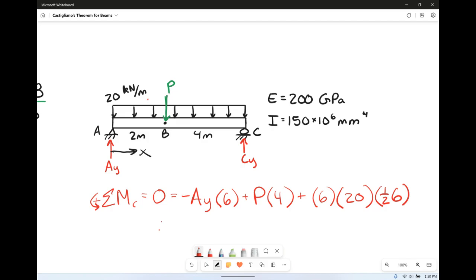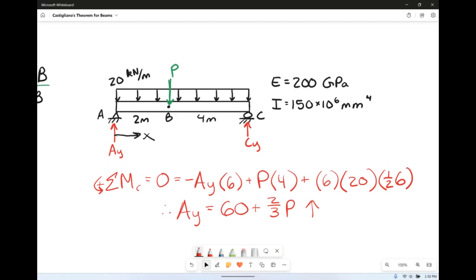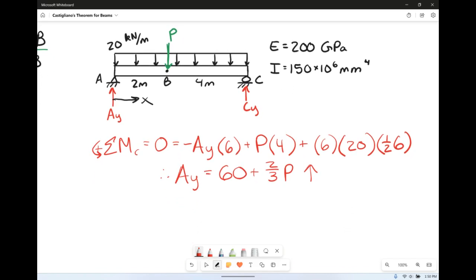So we're going to find that AY is equal to 60 plus 2/3 of P going up. Now this makes sense, right? Because P is closer to A than it is to C. And we still have that distributed load we gotta divvy out.